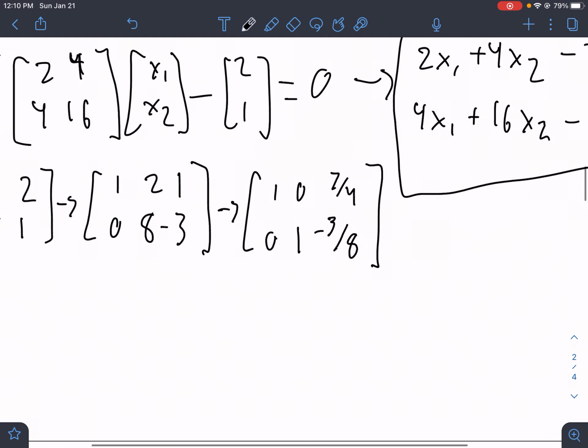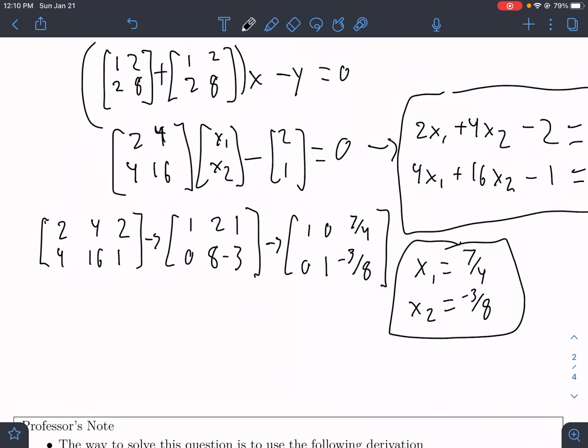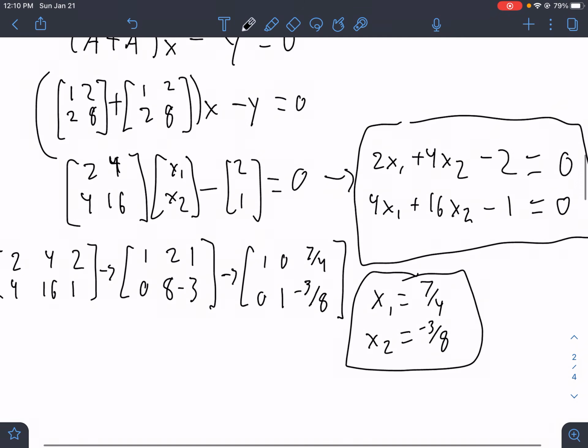And that gives us that x1 is 7 over 4, and x2 is negative 3 over 8. So this was Gauss-Jordan reduction, which is a way to solve a system of equations, but you could also use substitution if you wanted to.